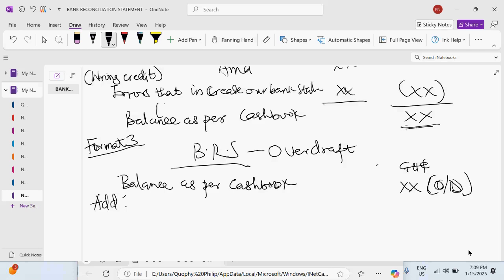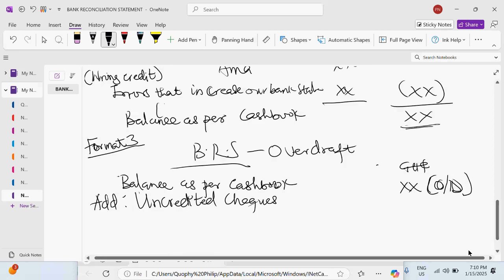No. In the normal one, when it is a normal balance, we add unpresented checks. Now it's the same balance as per cash book, OD. Do you think it will be unpresented checks? No. It will be add uncredited checks. So if you know one, the others will easily come.